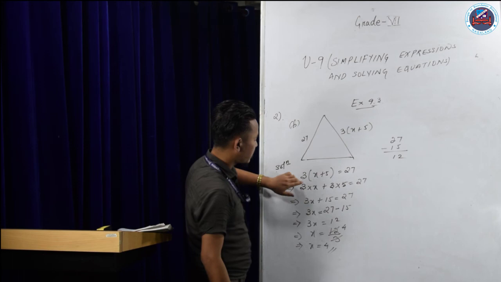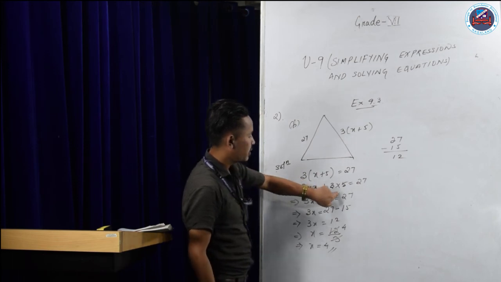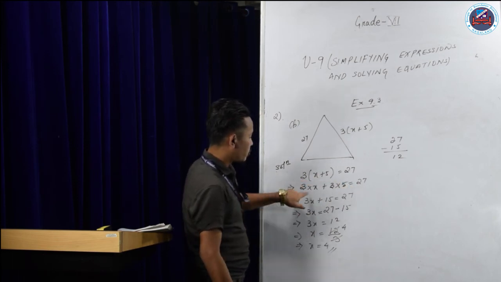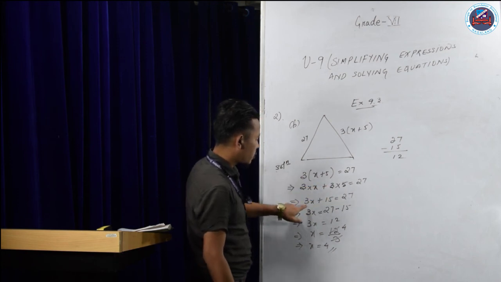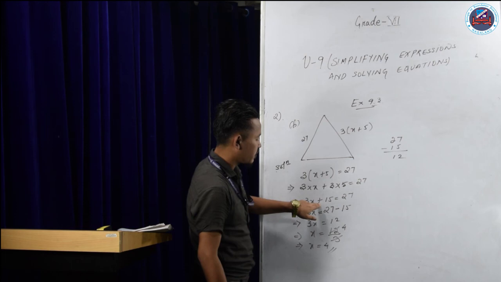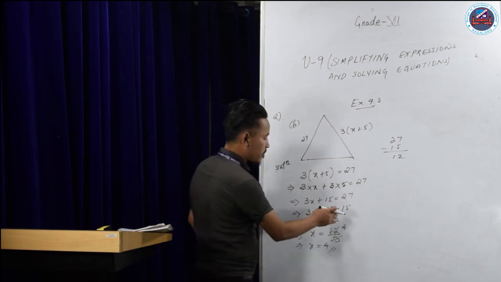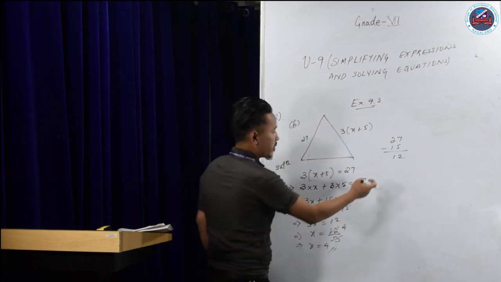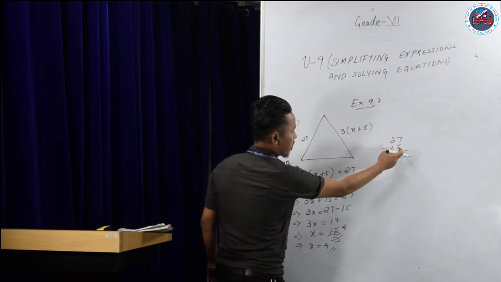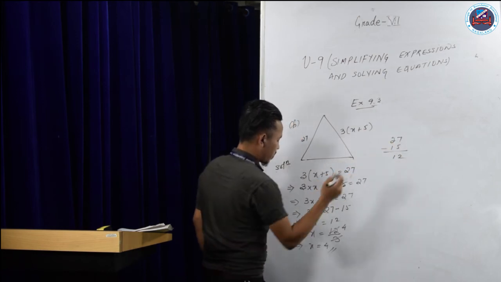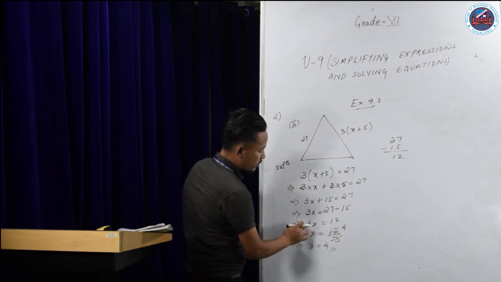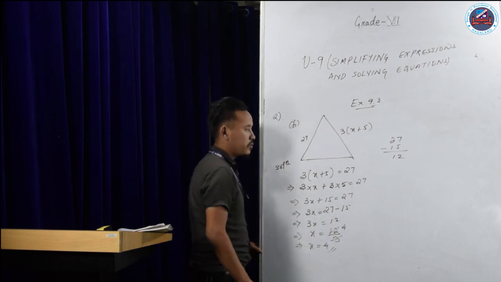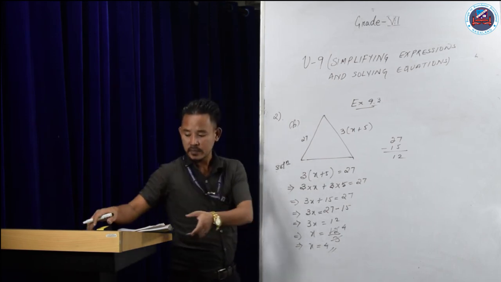First we have removed the bracket, that is 3 into x plus 3 into 5 equals 27. 3x plus 3 fives gives us 15 equals 27. 3x equals 27, plus 15 shifted to the right hand side becomes minus 15. So 27 minus 15, 7 minus 5, I got 2, 2 minus 1, I get 1. So 3x equals 12. x equals 12 divided by 3. So the value of x we get as 4.